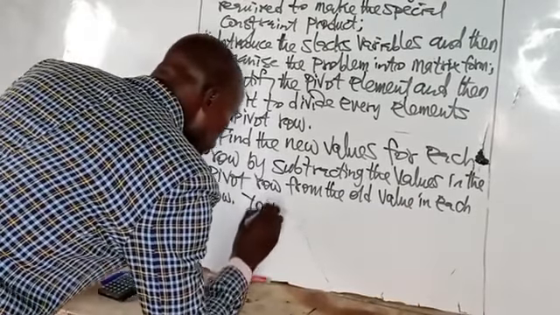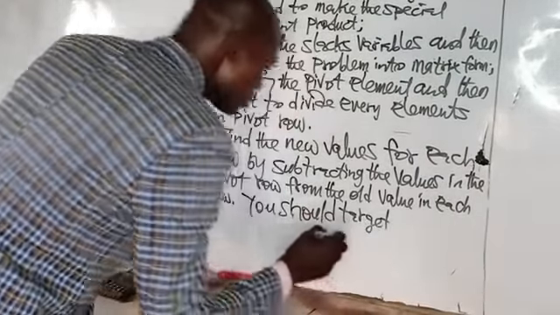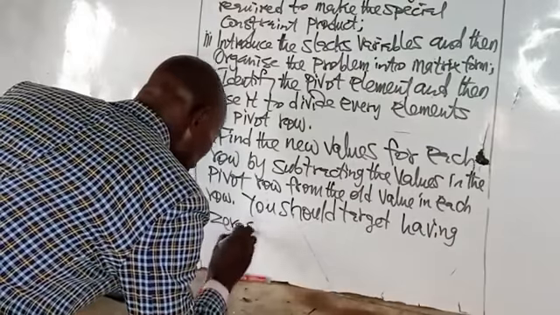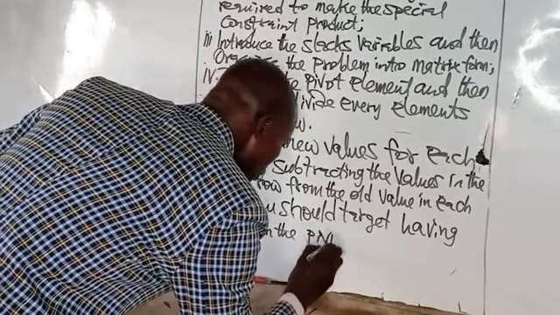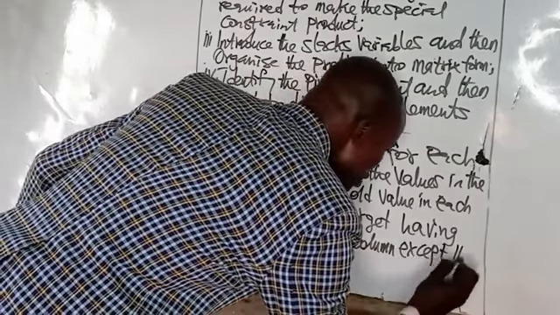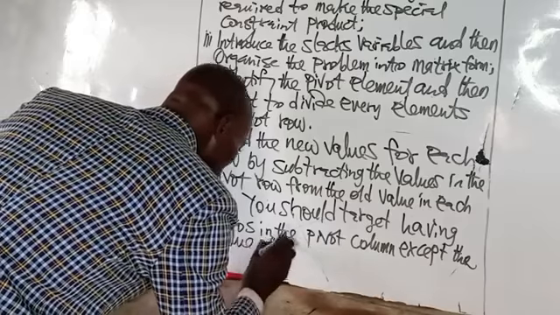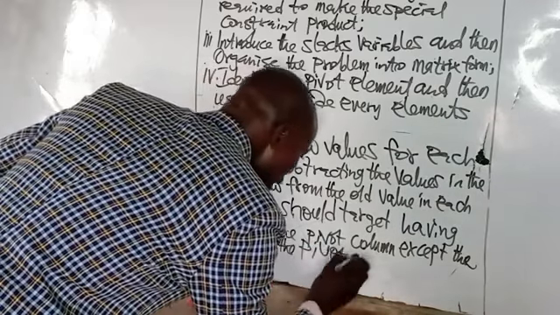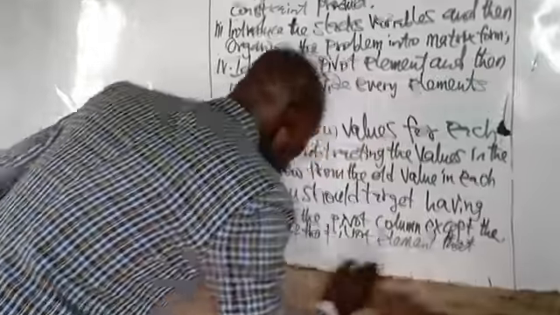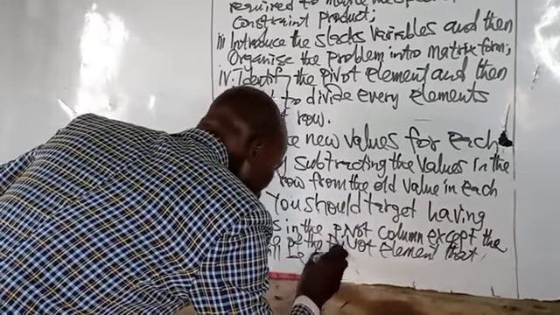You should target having zeros in the pivot column, except the value of the pivot element that will be left as 1.